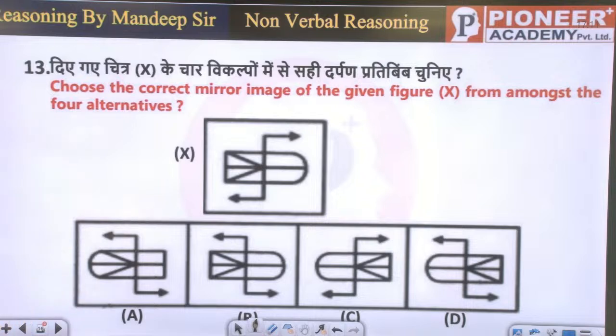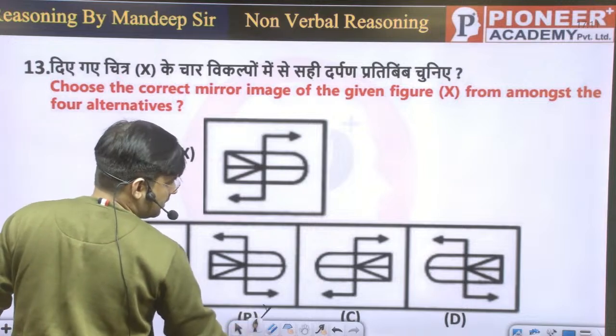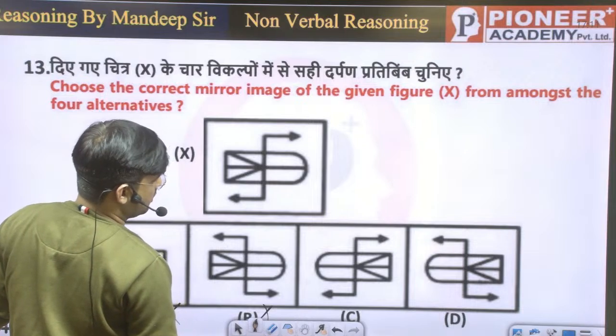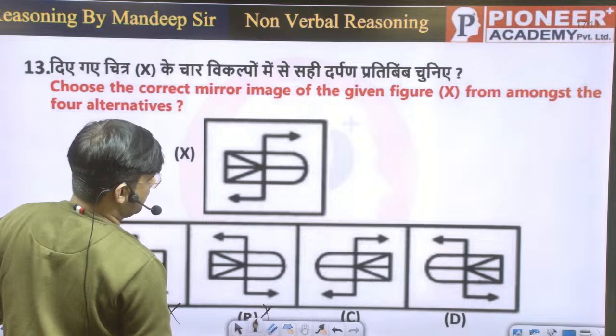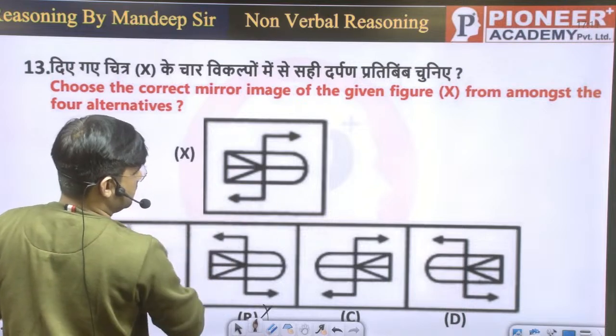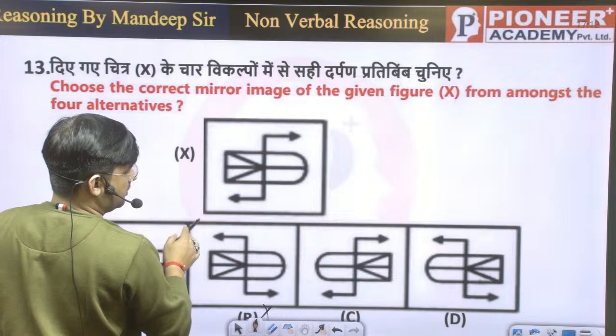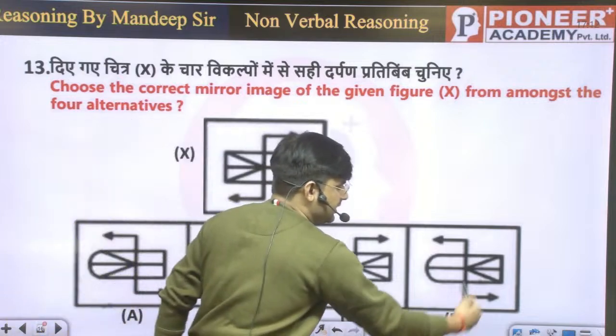Which one is the correct answer? D, D. D option is the correct answer.